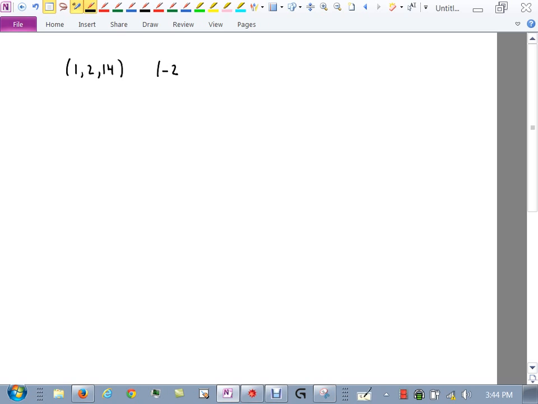The other point is -2, -5, -1, and my last point is 12, -3, and 1. Thoughts? Those are 3 points on a plane, and I want the equation of the plane.